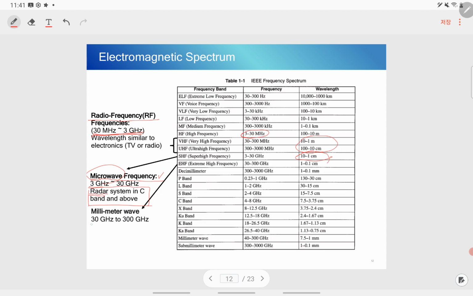Above that, 30 to 300 gigahertz, we call millimeter wave. The wavelengths become millimeters: 1 centimeter is 10 millimeters, so 10 millimeters to 1 millimeter, and we call that millimeter wave.